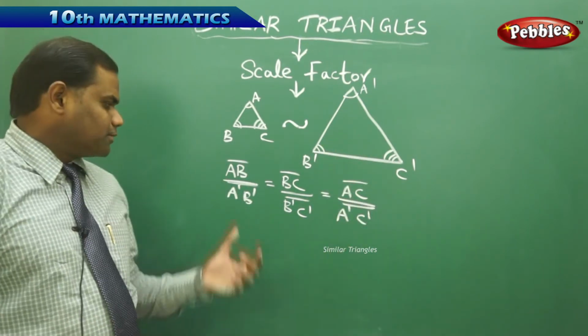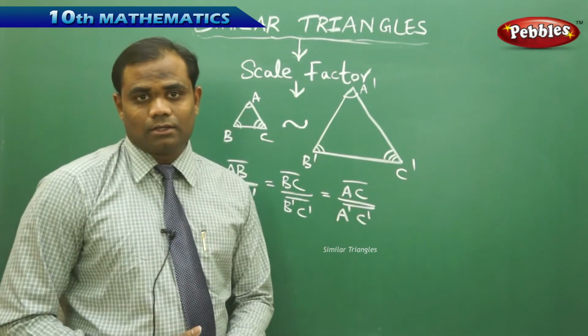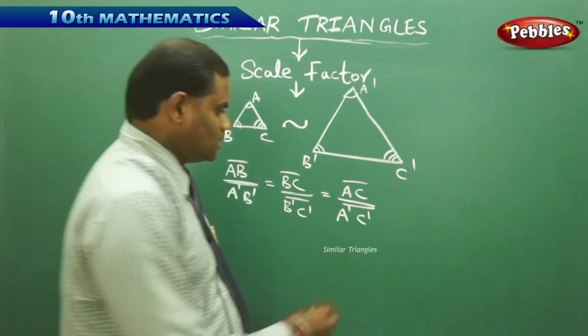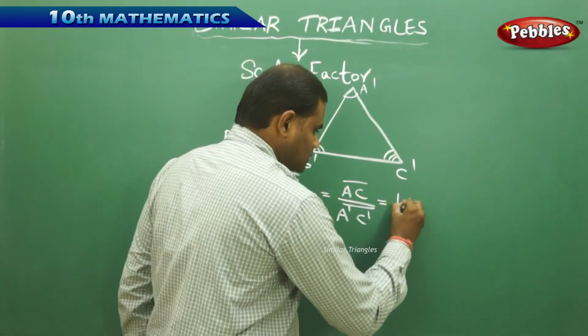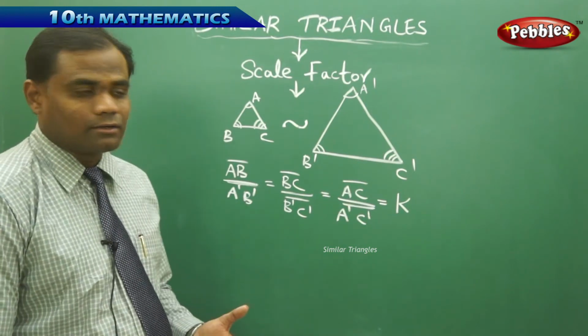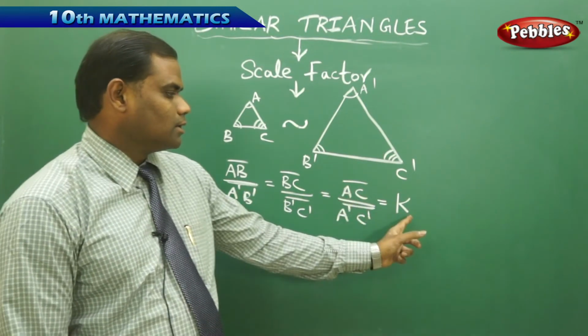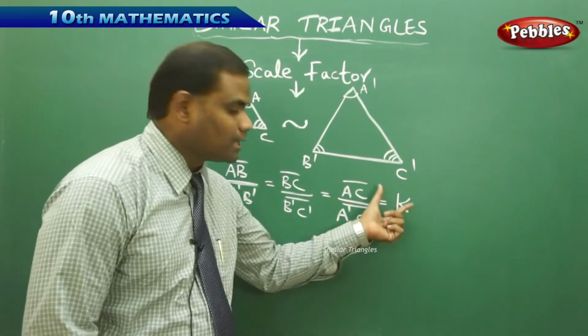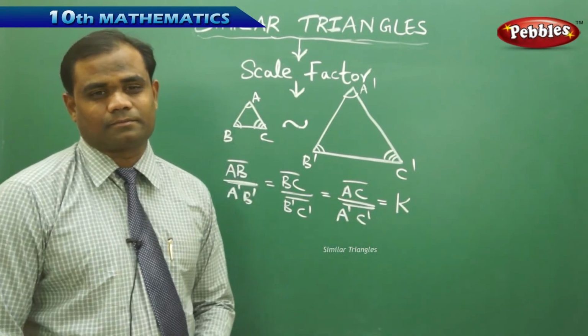Now, as the three ratios are equal, this must be equal to a common value, say k. So the value obtained for each ratio is k, and this k is called the scale factor.